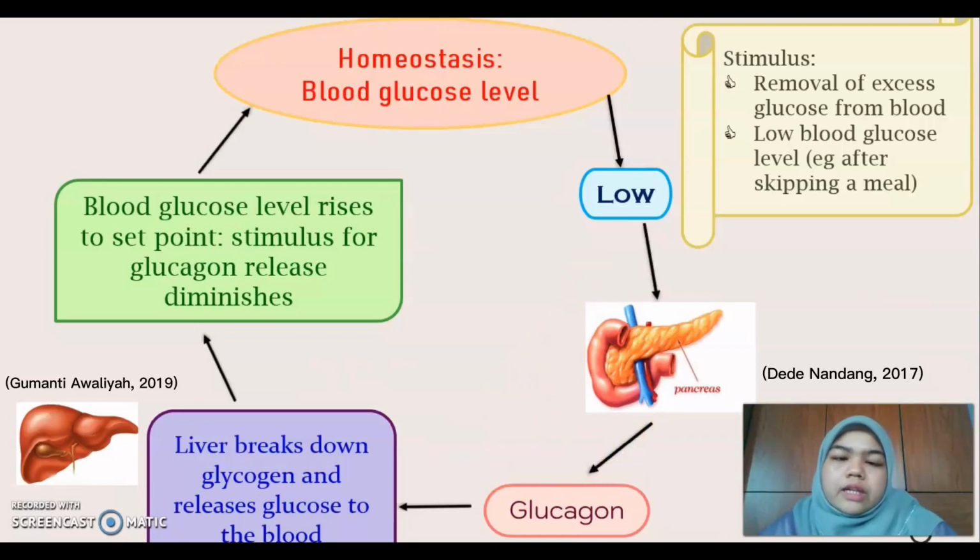This glucagon will stimulate the liver to break down the excess glycogen and release glucose. The glucose will go into the bloodstream and the blood glucose level will increase. So, it will become normal. So, the stimulus for glucagon release diminishes.